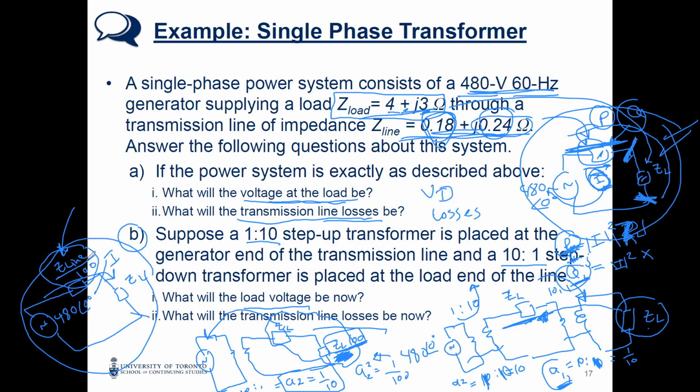You will find that because the impedance of the line is reduced by 100, you will find lower losses, okay? And better voltage drop here, like the voltage in the load will not be that low.